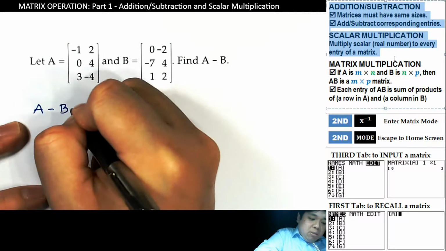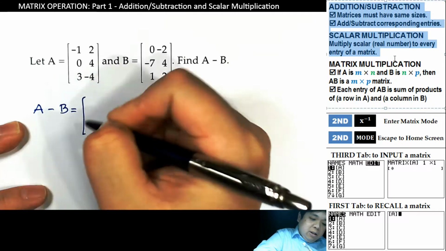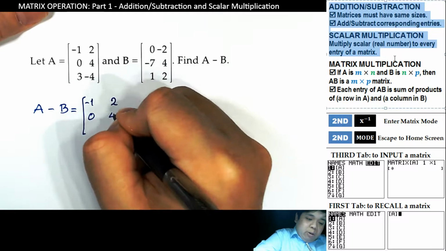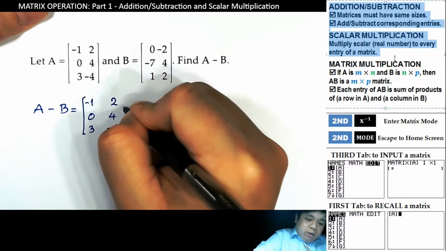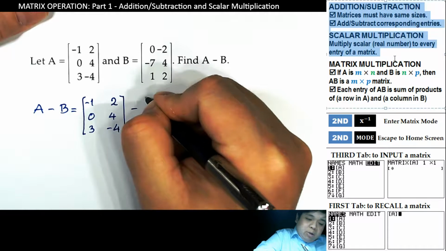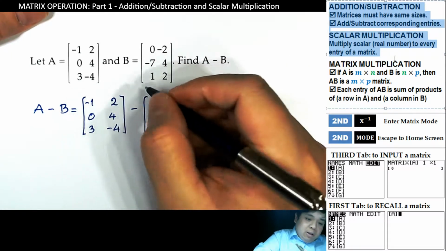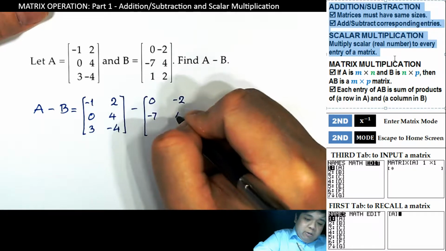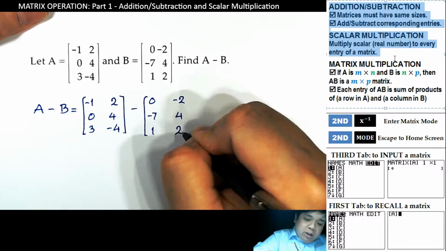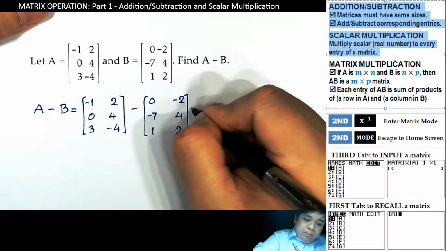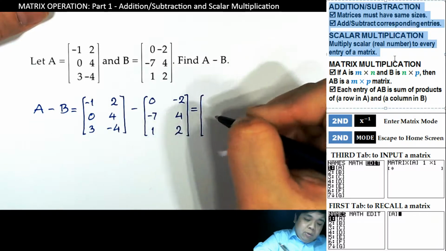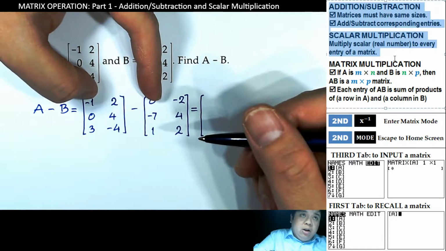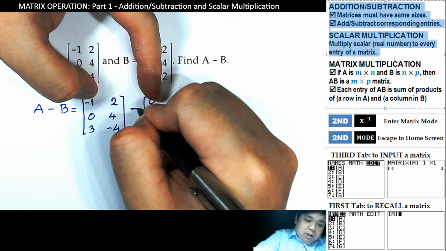Matrix A minus matrix B. Matrix A is negative 1, 2, 0, 4, 3, negative 4. Subtract matrix B, which is 0, negative 2, negative 7, 4, 1, and 2. Now we just combine the corresponding entries, this time a subtraction.